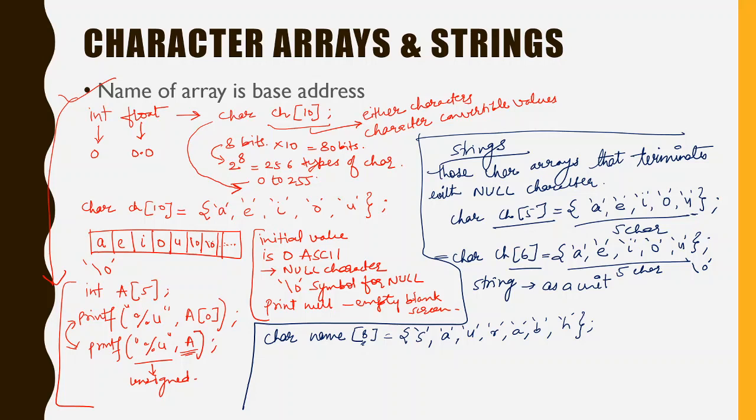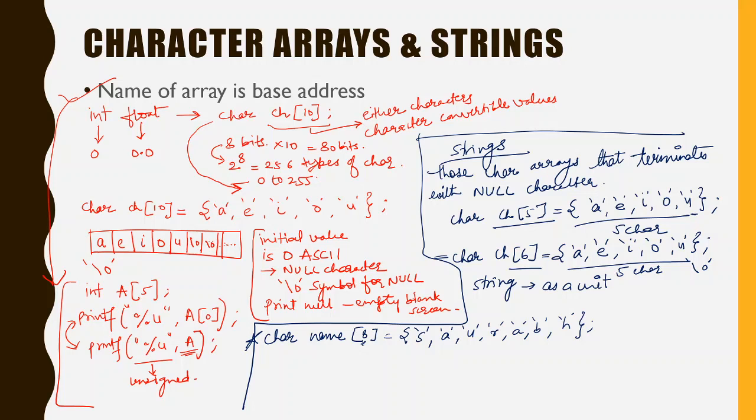S is not the name, A is not the name, U is not the name, but the whole entity together is a name. So this is the most important difference between a character array and a string. You can take this line also: all strings are character arrays, but not all character arrays are strings.